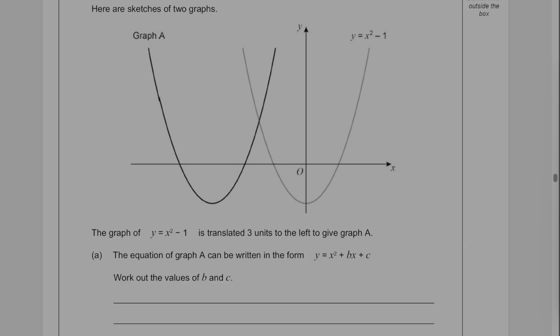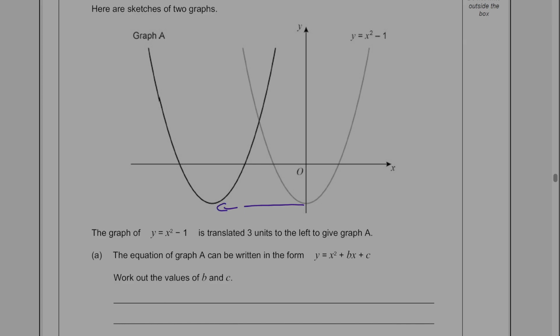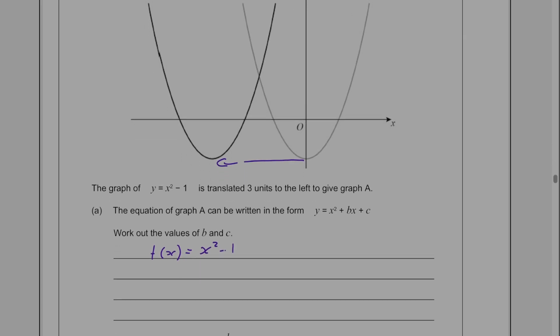Okay, so if it's been moved 3 to the left, in effect, that's x plus 3. I don't particularly like how this is written to explain it. If I say that the function f of x is equal to x squared minus 1, and that graph is shifted 3 to the left, that becomes f of x plus 3.